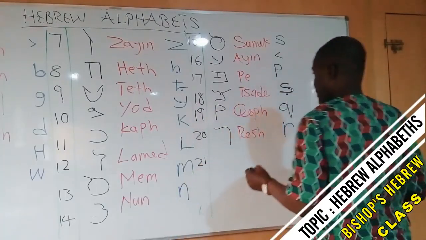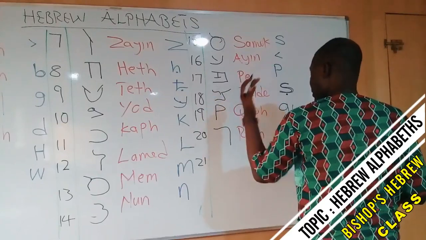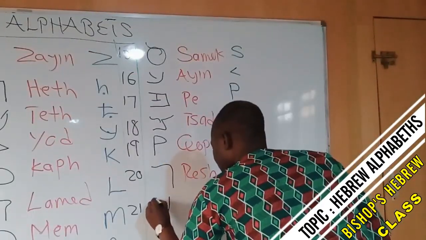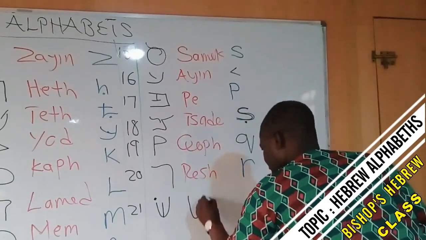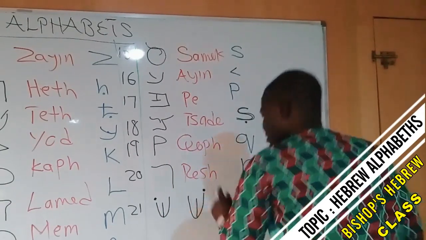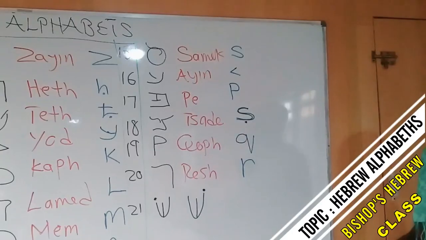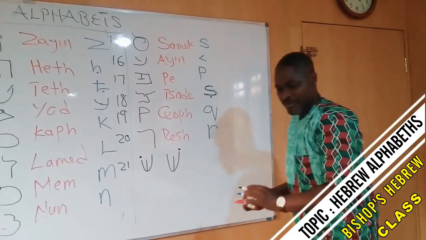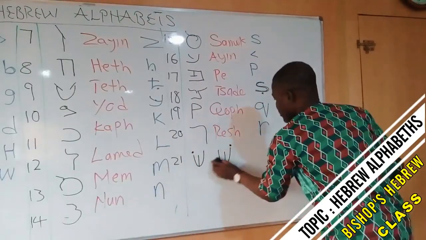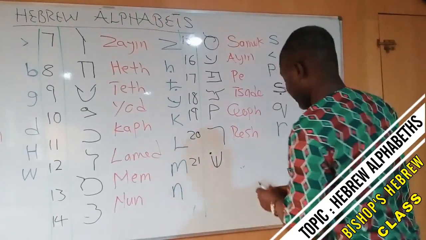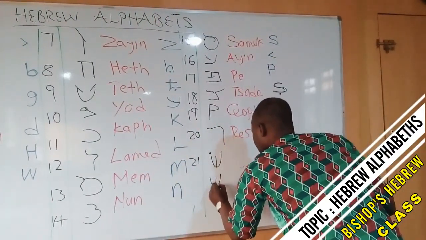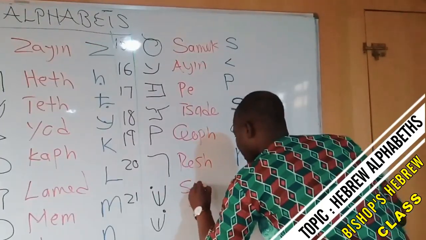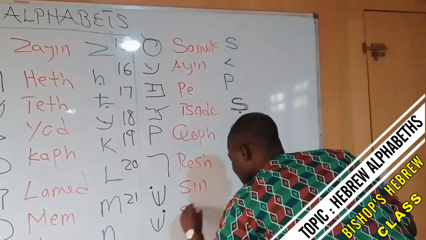21st letter. After Resh, you have Sin and Shin are written together. Sin and Shin are written together as being like one, but let me rather put it under so that there will be no confusion. So, this is Sin, while this one is Shin.